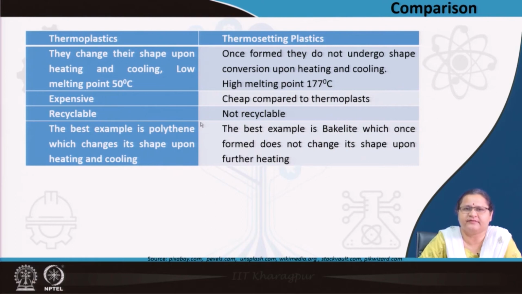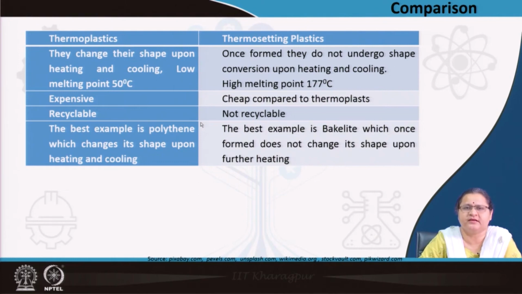Thermoplasts are expensive, whereas thermosets are cheaper. Thermoplastics are recyclable, thermosets are not, and we can see that thermoplasts are much flexible and not so rigid, not so brittle, and they can change shape upon heating and cooling, which is not possible for thermosets.